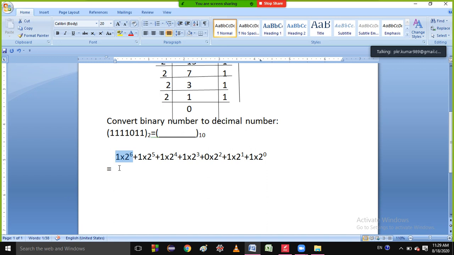Very nice. So you will write 64 plus. What is the value of this one?